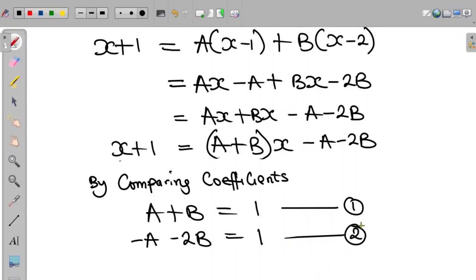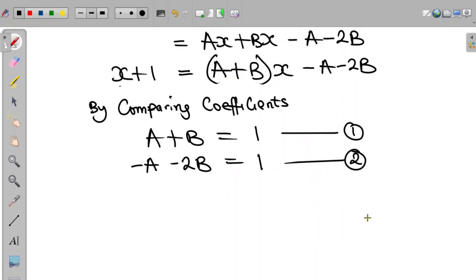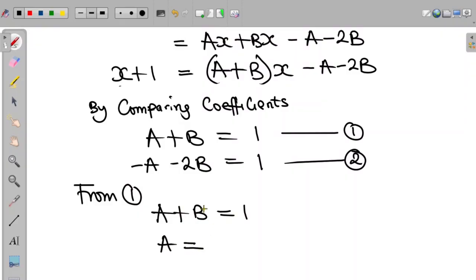Now we have linear equations in two unknowns, which we can solve simultaneously. From equation 1, we have that A + B is equal to 1. Thus, A is equal to 1 minus B, if B moves over to the right hand side. Now, to obtain the value of B, we substitute this expression into equation 2.